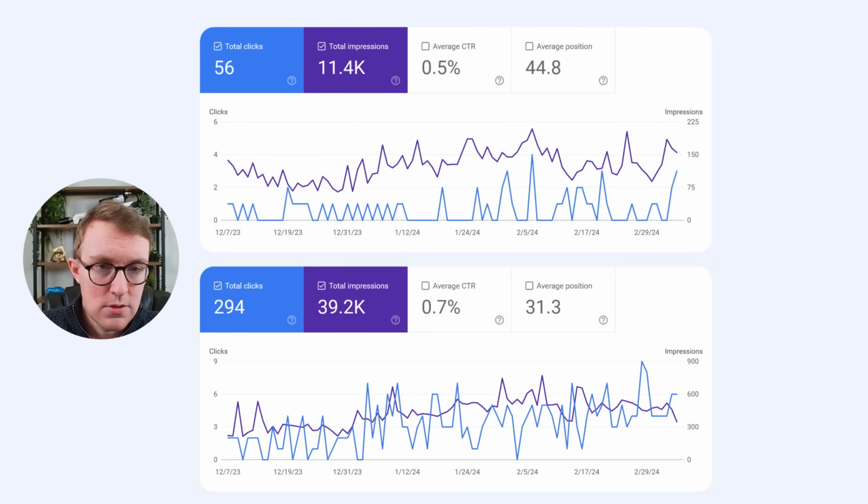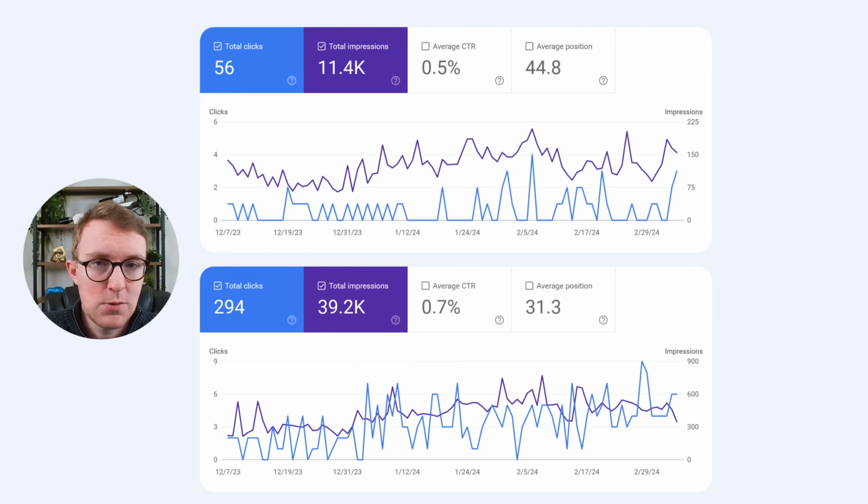If your graph looks something more like the bottom graph, you're actually probably in a better position. This means that, yes, you're still essentially getting the same click-through rate, but there's typically a little bit higher volume for what you're going after.